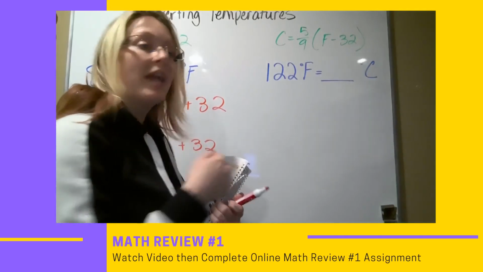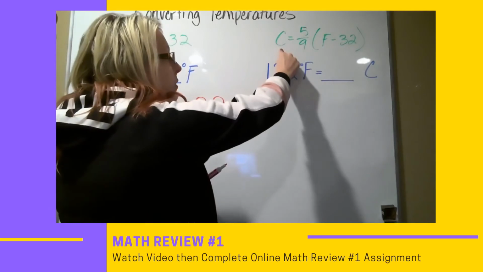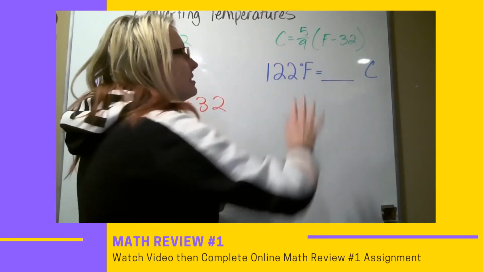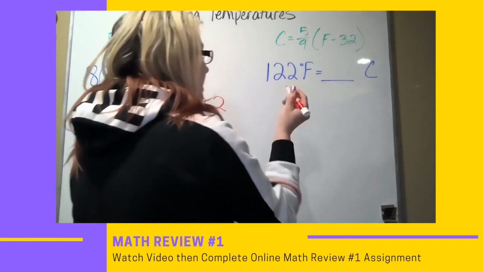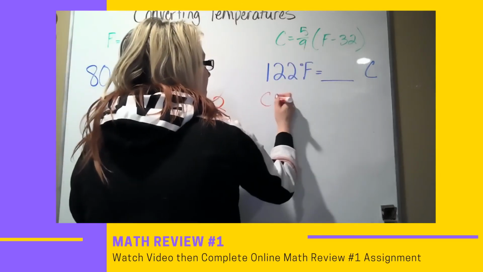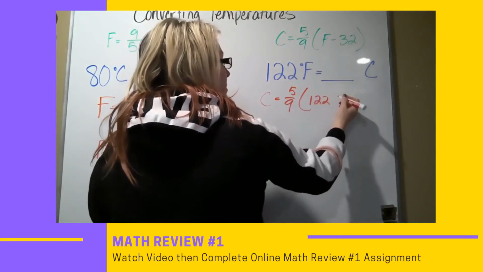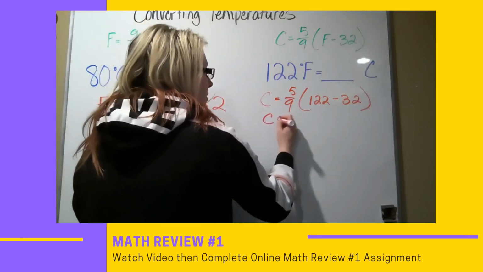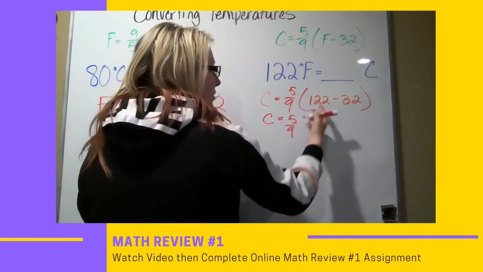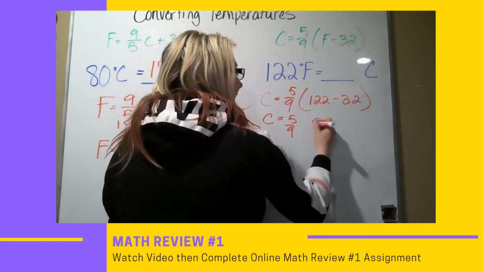Now we're going to change the Fahrenheit number into Celsius. So we are using the equation C equals 5/9 times, in the parentheses, F minus 32. Now remember, we always do what's in the parentheses first. So let's plug this in. C equals 5/9. F is 122 minus 32, right? So we have to do the subtracting first. 122 minus 32 is 90.